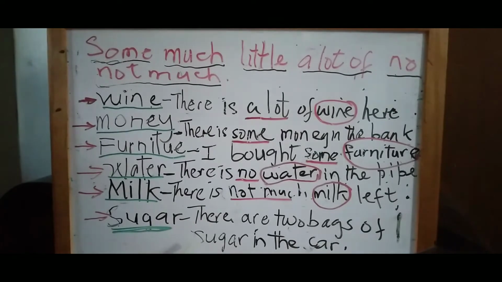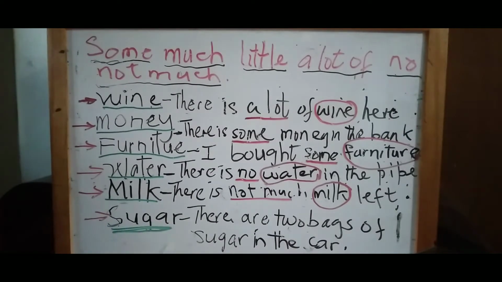Now the last one is a little different. The uncountable noun there is sugar. In everything you have exceptions to the rule. That means something that doesn't follow the rule from time to time. Now this sentence doesn't follow the rule that we spoke about, where we say we cannot use numbers like 1, 2, 3. You can't say one milk or one furniture or one sugar. But if you notice in this sentence here, I have the word two.